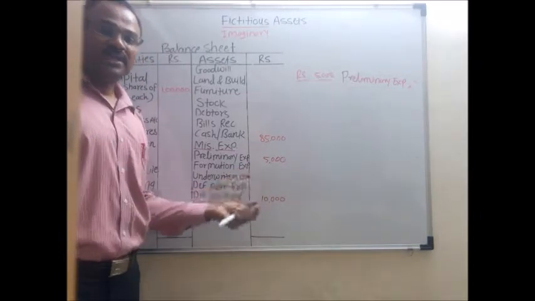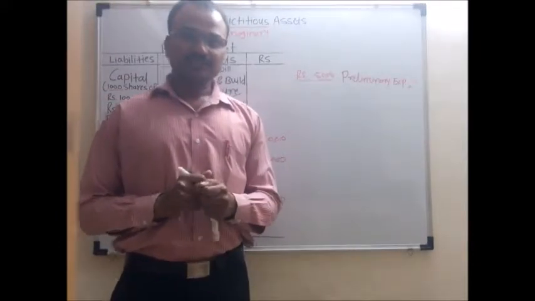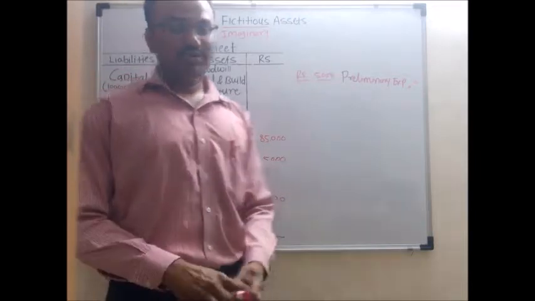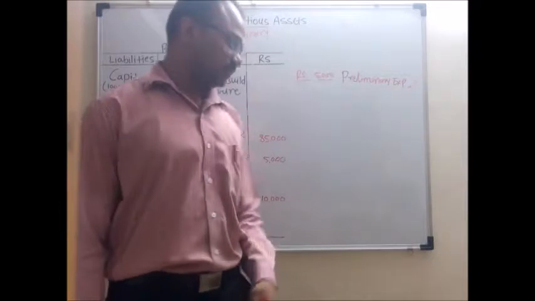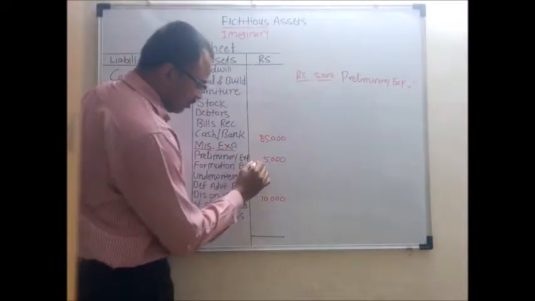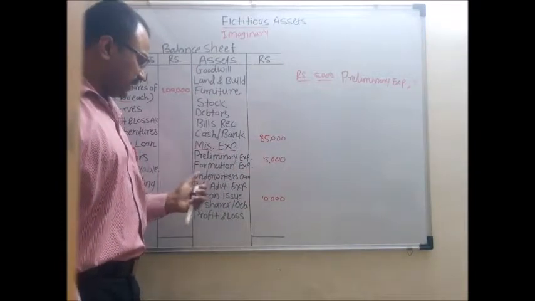In this way, fictitious assets get created, and those fictitious assets have to be written off over a period of time. Preliminary expenses or formation expenses are similar in nature.